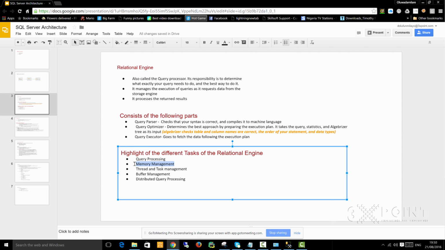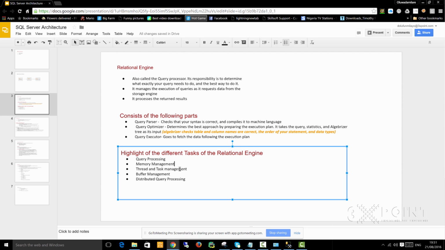Now, there are other things the relational engine also does, which is memory management. Unlike in Oracle, where you can manually manage your memory, or I think from 10G or so they introduced automatic memory management, whereby you just specify the minimum and maximum values and leave the engine to manage the memory.